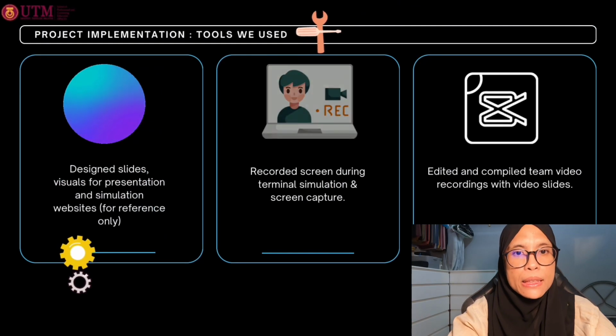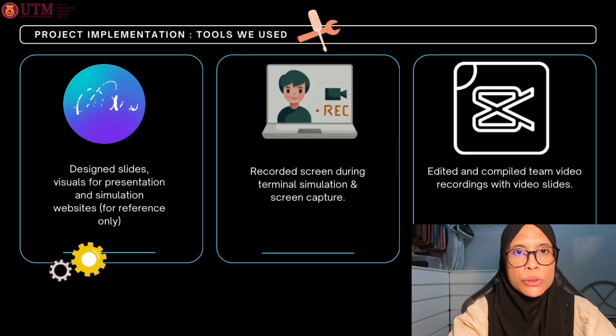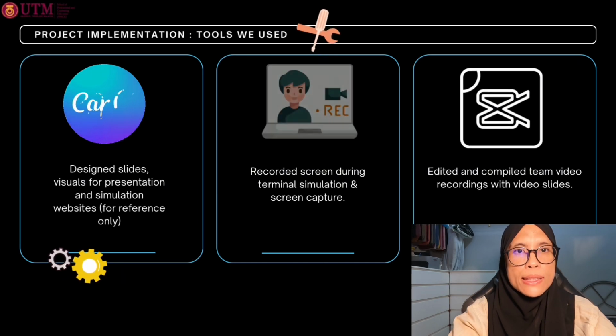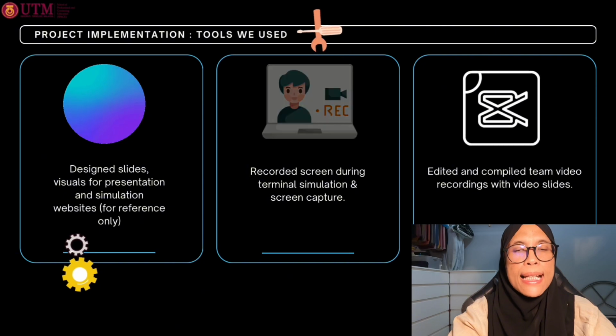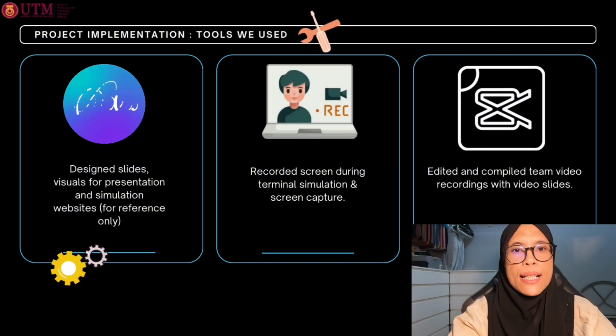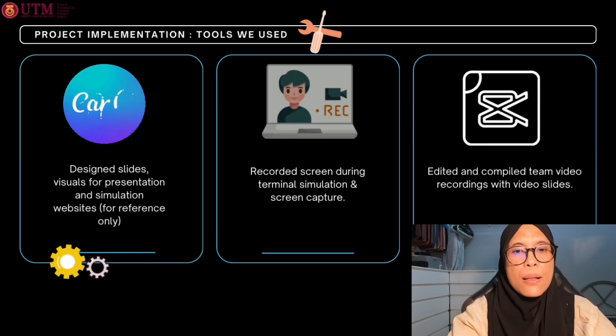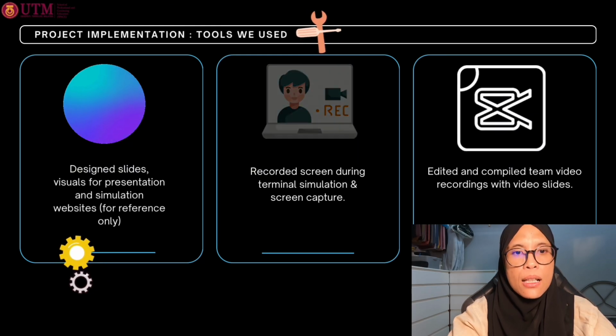About the project implementation, firstly I will explain the tools that we used. For this project, we focused on visual learning and explanation. Most of the slides we designed using Canva based on lecture notes and our own research.